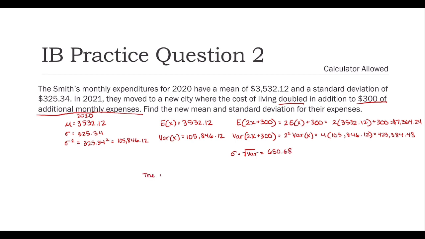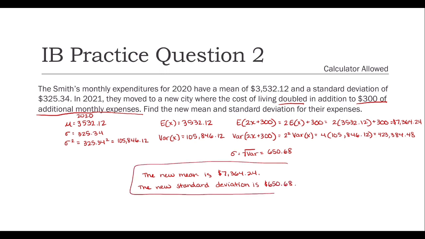So the new mean is 7,364.24, and the new standard deviation is 650.68. Which, if you notice, your standard deviation is just the original standard deviation times our a value, so times 2.